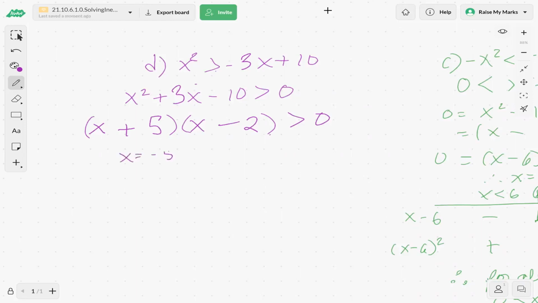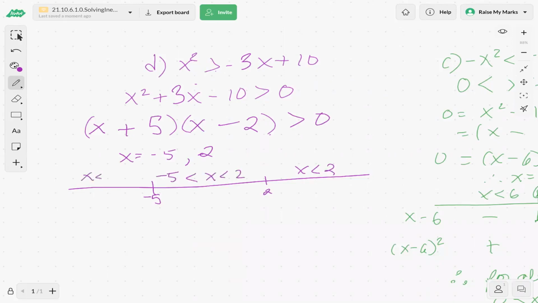So we're going to consider the x values negative 5 and 2 to divide up our number line. So we have x greater than 2, x between 2 and negative 5, and x less than negative 5.